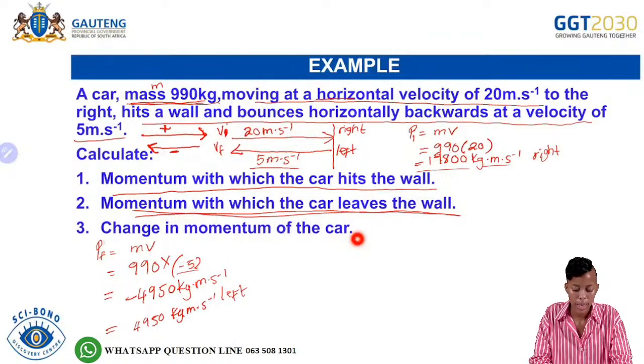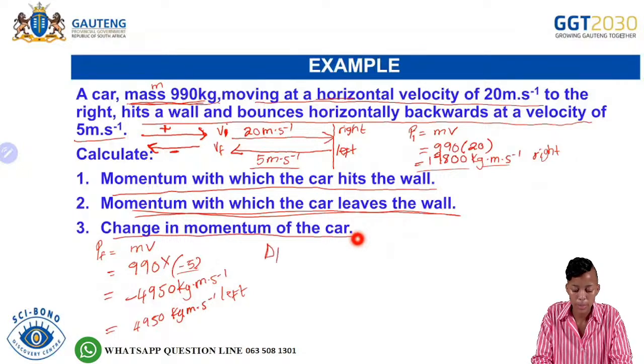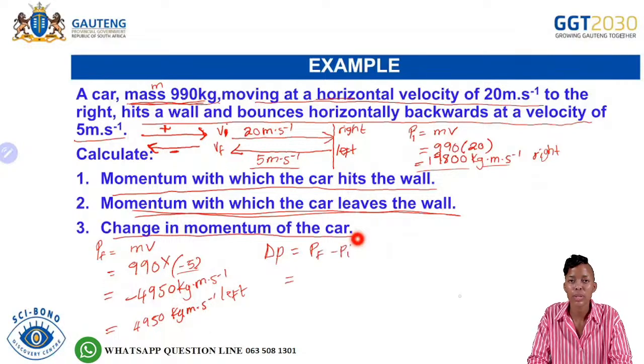Okay. Then number 3, it says the change in momentum of the car. So what do we know about the formula of change in momentum? Change in momentum is equals to P final minus the P initial. We have already calculated the P final. It was -4950 minus, what was the P initial?